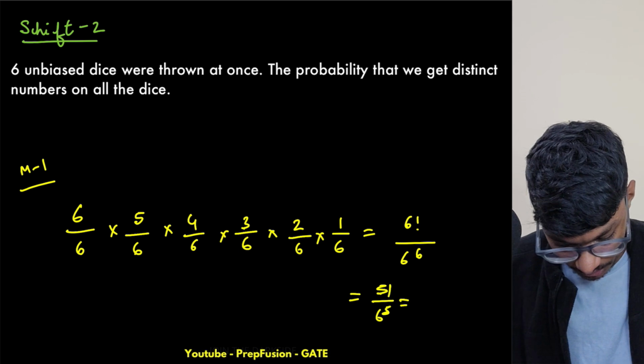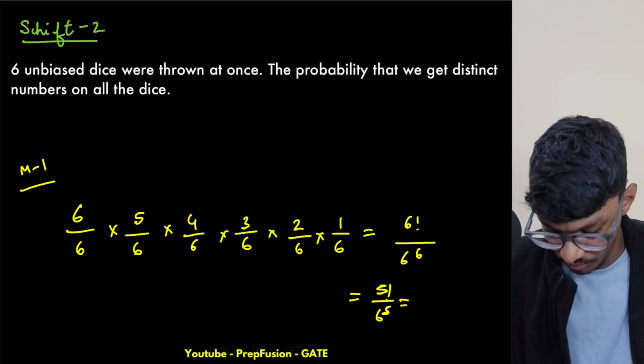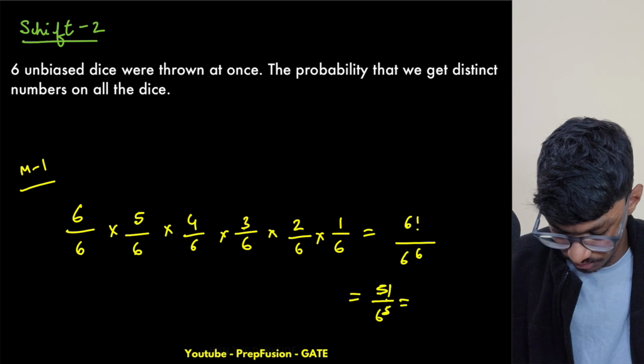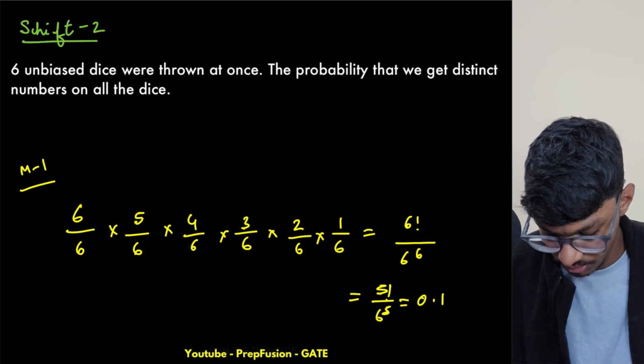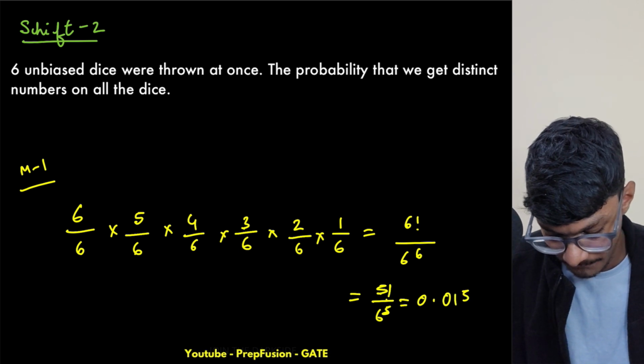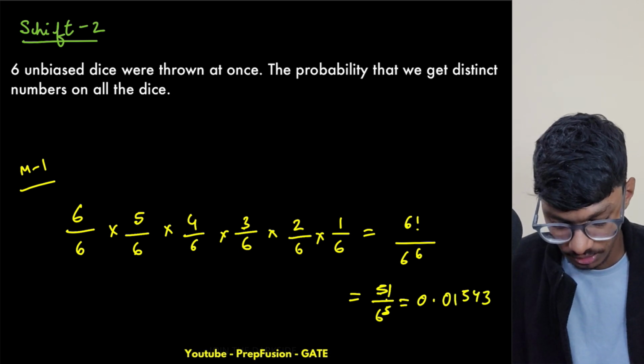So this is 5 factorial actually. 5 factorial is 120 almost. So this is 0.1543. Okay, this is the answer.